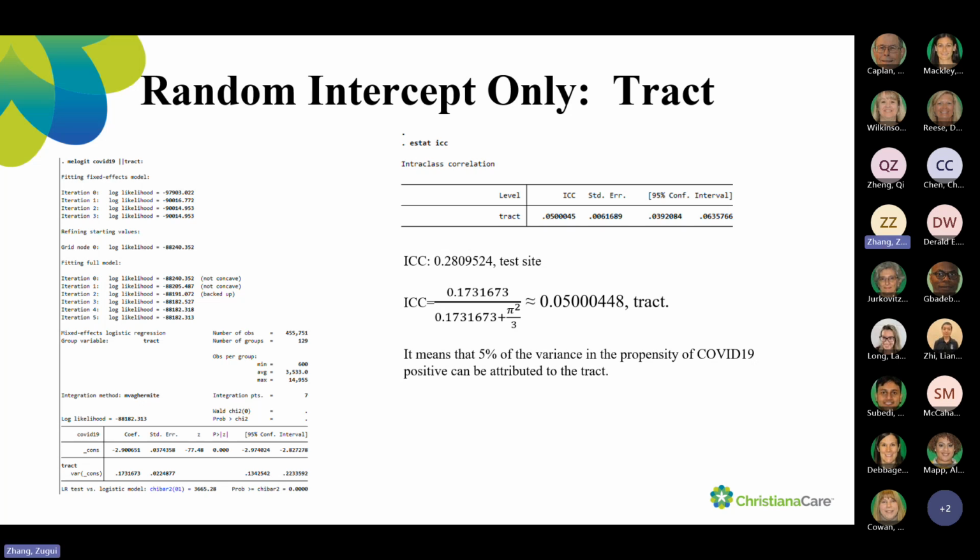So if we use the two-level model, we can evaluate the impact of the higher level or the higher organization on the variation for the outcomes.